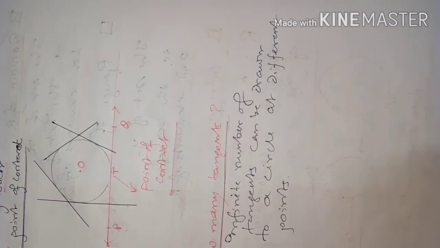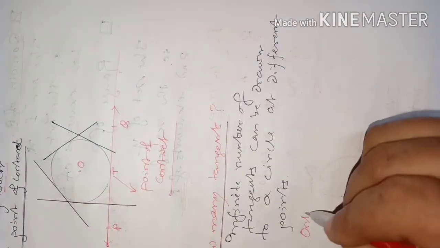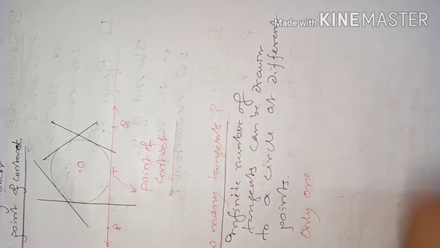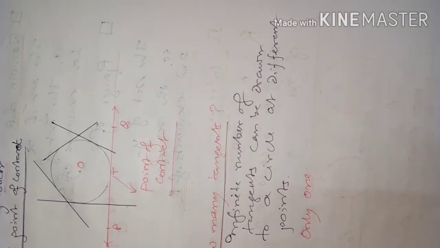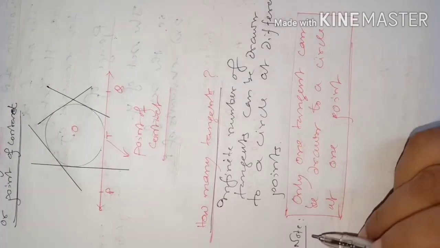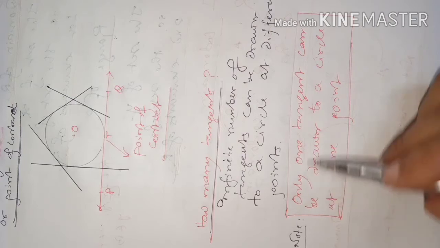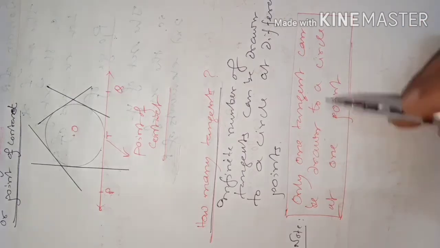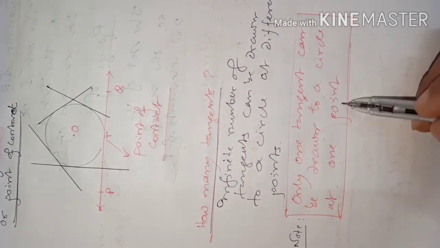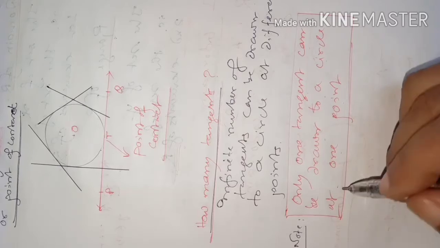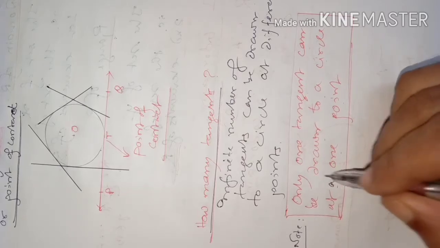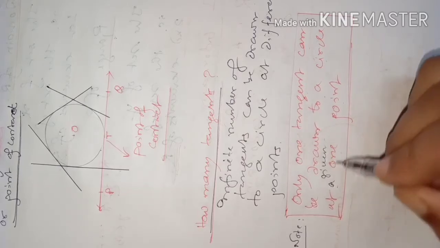One tangent can be drawn to a circle at one point. So as a special note, keep this point: only one tangent can be drawn to a circle at a given point.